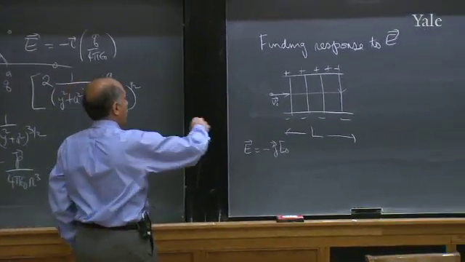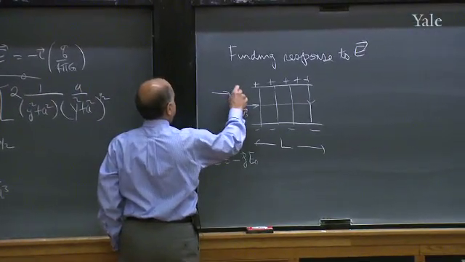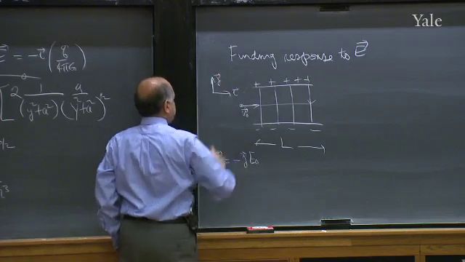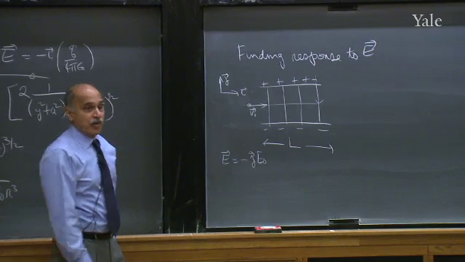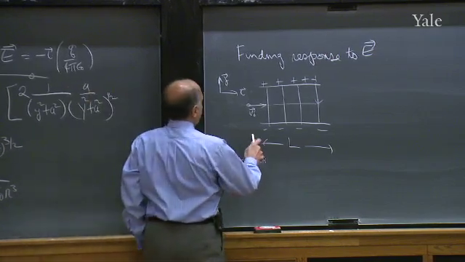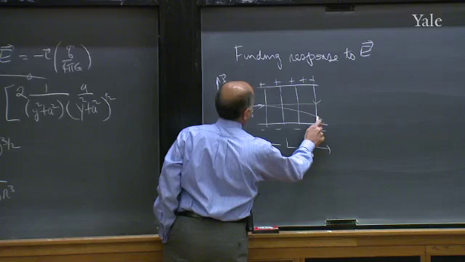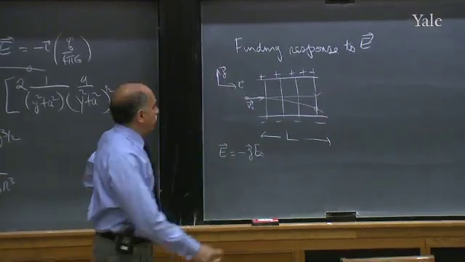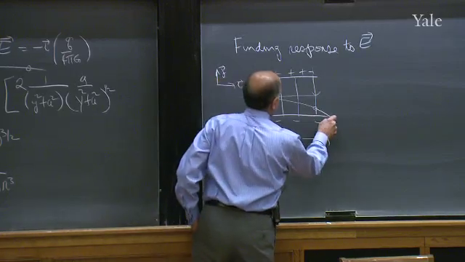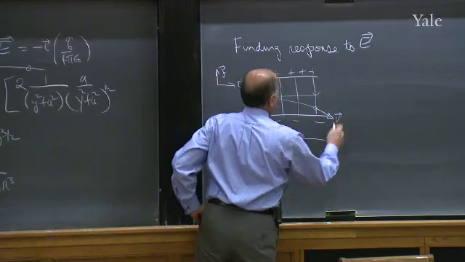Minus j because i is this way and j is that way. So what will this do is the question. Where will it end up? Well, I think you can all tell that it will end up somewhere there. What we're trying to find out is how much does it fall, and when it comes out, what's the direction of this final velocity vector.